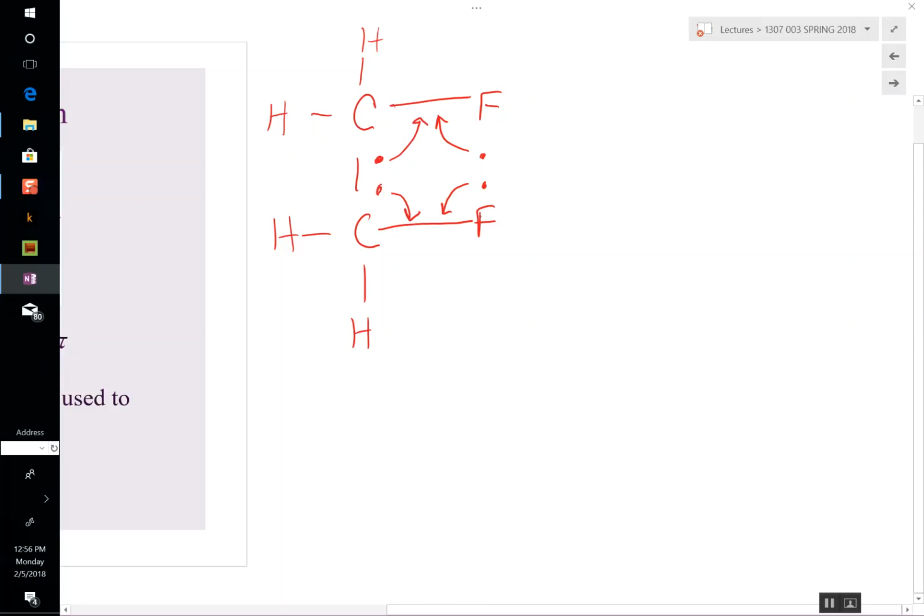That eliminates the fluorine-fluorine bond. It eliminates one of the bonds between the two carbons, and you get a molecule like this. It's got a fluorine on each carbon.